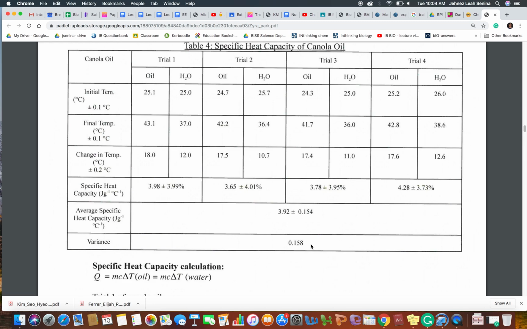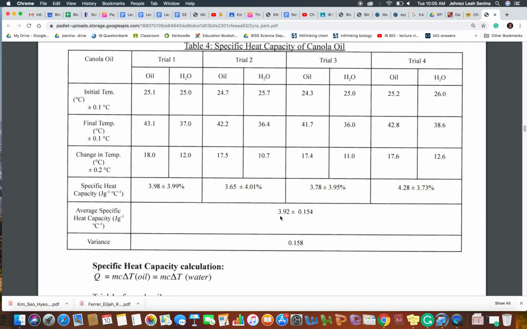I'll teach you what that is. But anyway, in your calculator, can you try to add 3.99, 4.01, 3.95, 3.73? Divide by 4. 3.92%. Now, what is 3.92% of 3.92?